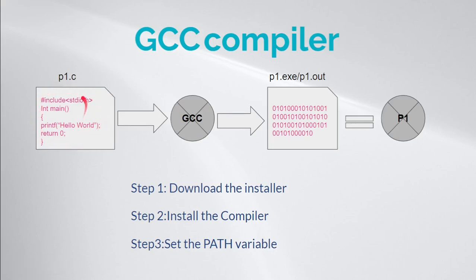In this video series, whatever programs you will be writing will look more or less like this. In fact, these few lines of code you will see in almost all the C programs that you write.